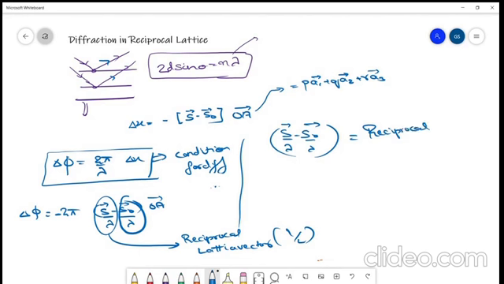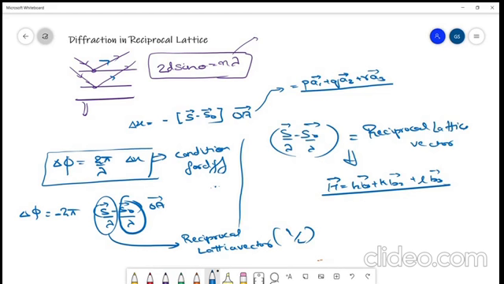And any reciprocal lattice vector can be represented as H times B1 plus K times B2 plus L times B3. Like the general real space vector is represented as P times A1, Q times A2, R times A3, similarly any vector in a reciprocal lattice can be represented as H times B1, K times B2, L times B3.